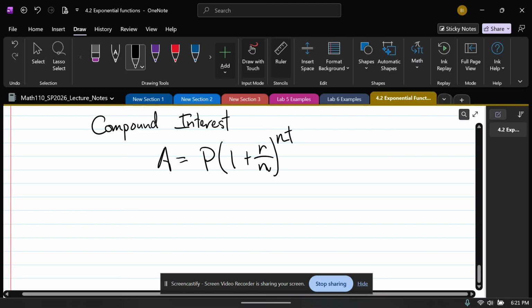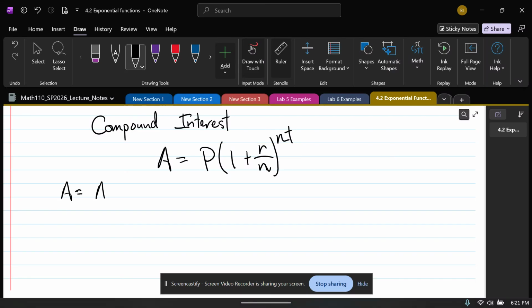Okay, so A is your account value. P is your principal investment. Think about that as your deposit.